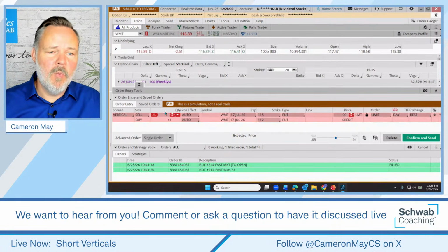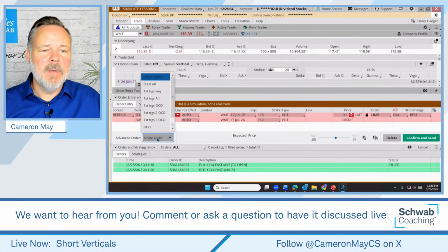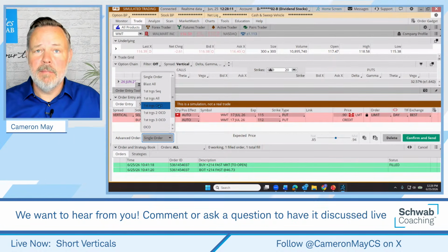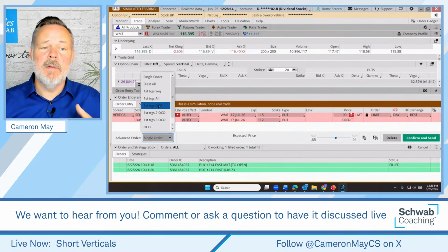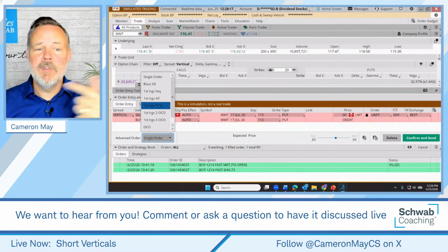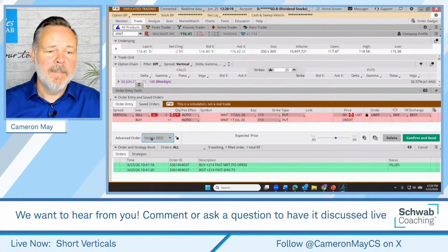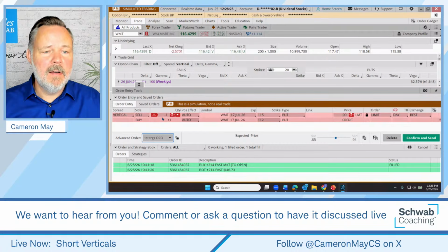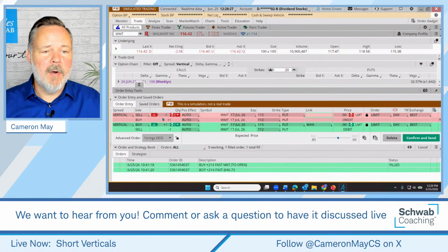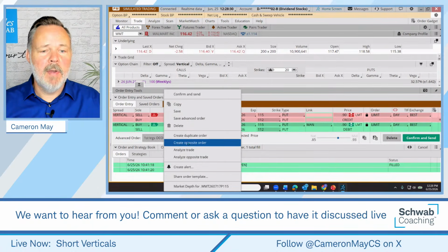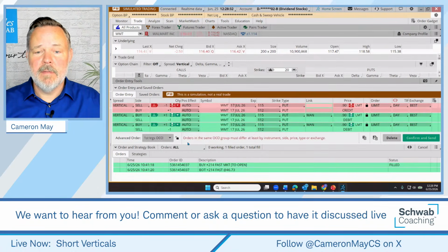Instead of just placing this one order, let's change this from a single order to a first triggers an OCO order. That's going to allow us to put in 2 exit orders that are dependent. They don't go into effect unless the first order fills, or in other words, that first order triggers the 2 exit orders. So once we've selected that, I'm going to right click on the original order and create an opposite order for taking profits. And I'm going to right click on the original order and create an opposite order for taking losses.